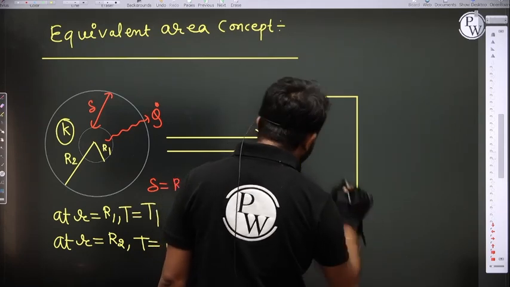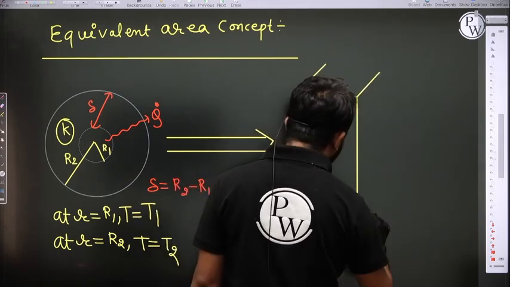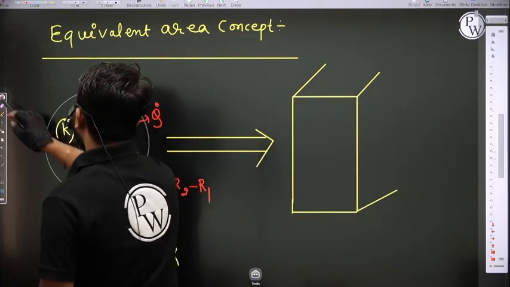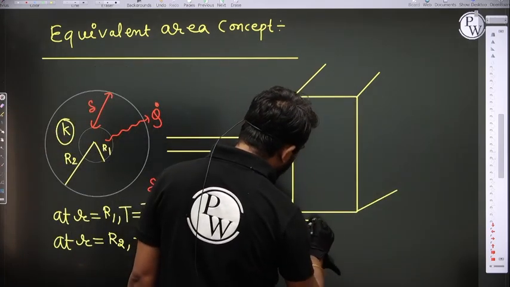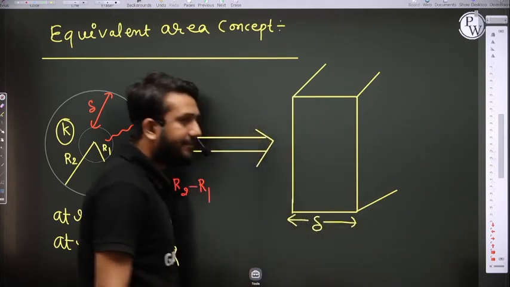The thickness of this plane wall is delta.